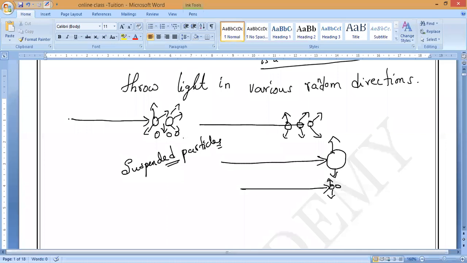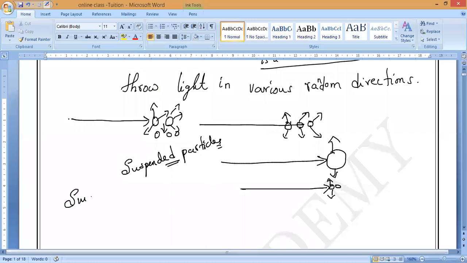Do you understand? These suspended particles may be bigger or smaller. Take the scattering of white sunlight, or the colored lights which make up the white sunlight.